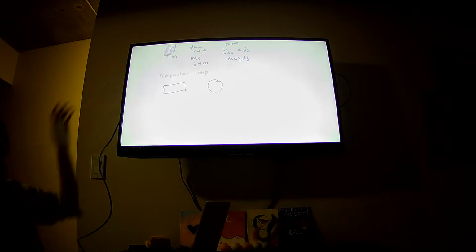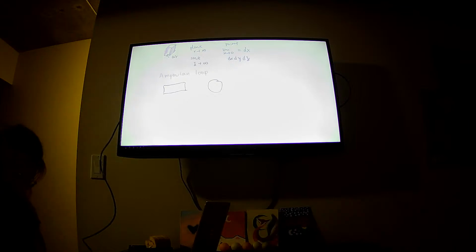Well, this is for determining if the field has divergence, and the way that you would do this, right? We're gonna have 2 tools in our toolbox. We're gonna have this test called the ampere loop test, where step 1 is you draw a compliant loop.